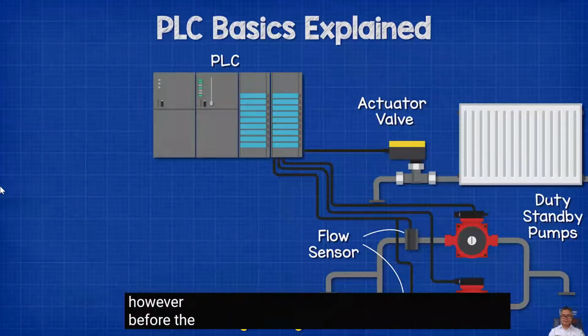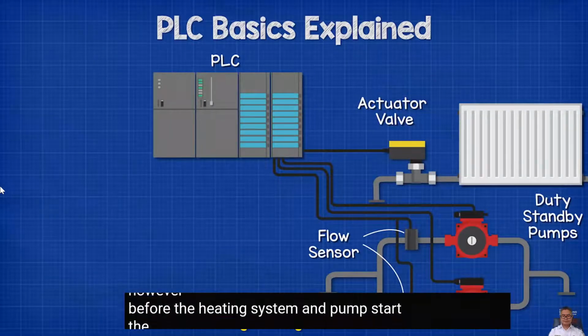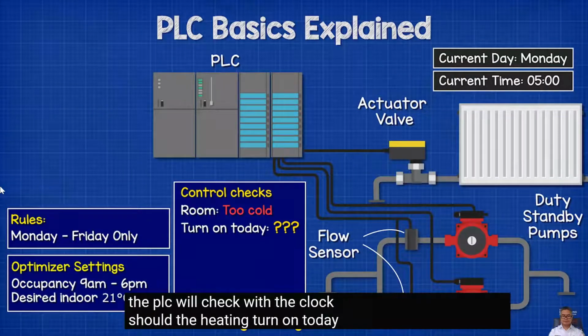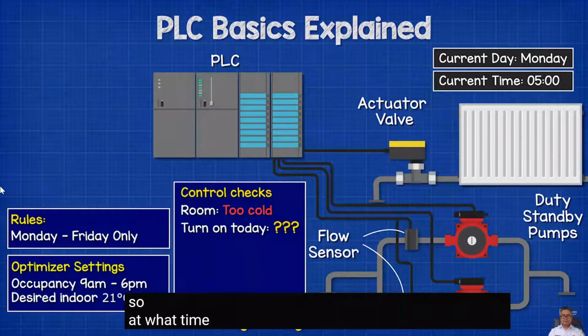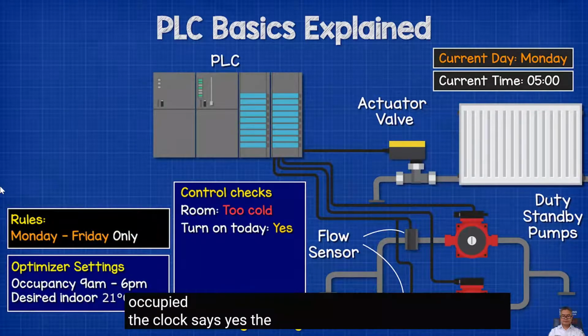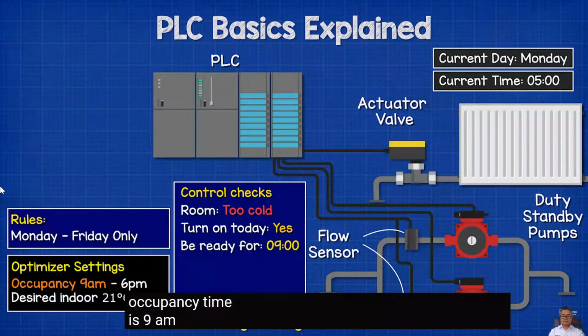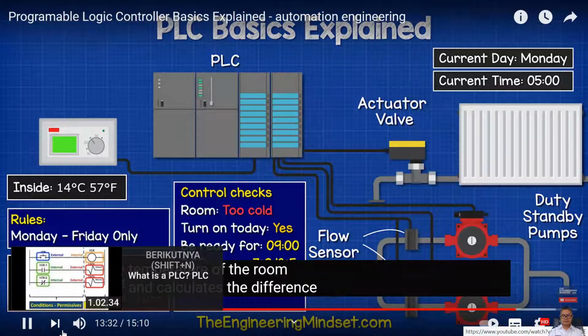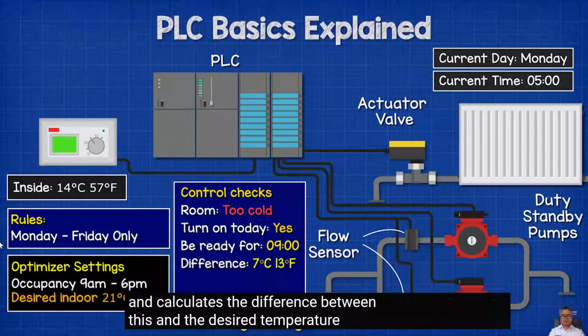However, before the heating system and pump start, the PLC will check with the clock, should the heating turn on today, and if so, at what time will the building be occupied? The clock says yes, the scheduled occupancy time is 9 a.m. The PLC then checks the current temperature of the room and calculates the difference between this and the desired temperature.